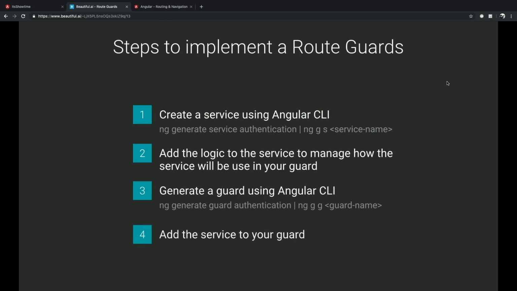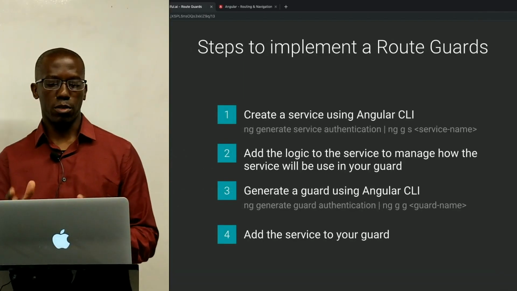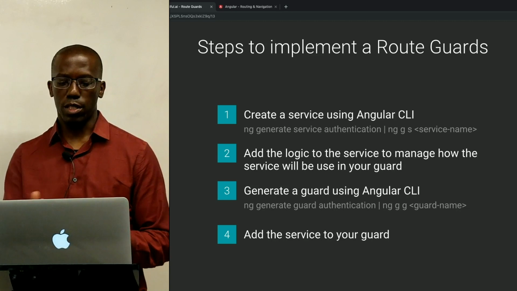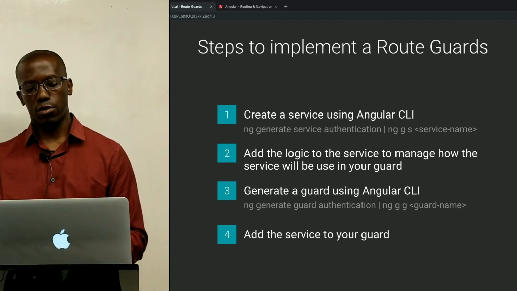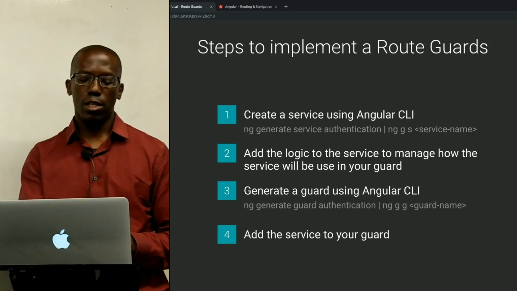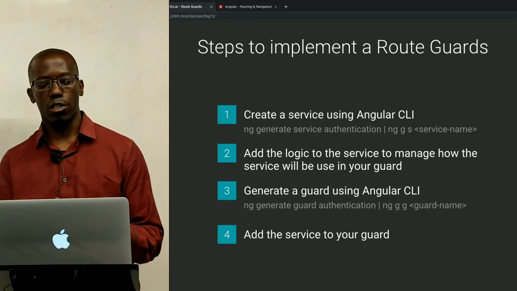Let's move on. What are the steps to implementing route guards? If you're using Angular CLI, which is one solution, you can create your own module builder, but you can use ng generate service authentication to generate the service. You add the logic to the service to manage how it will be used in your guard.